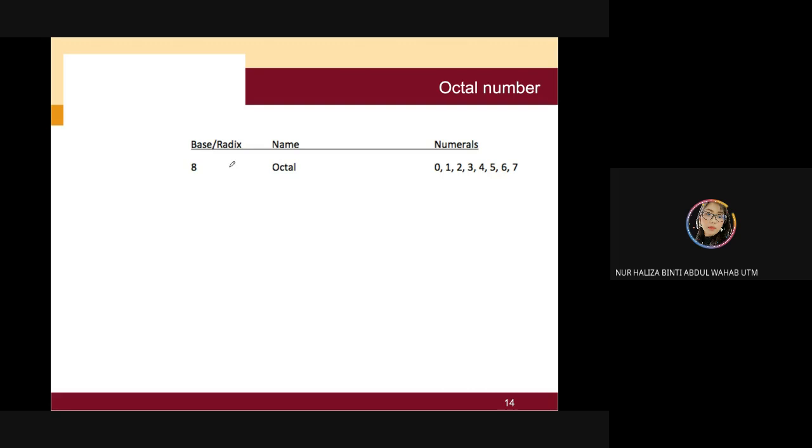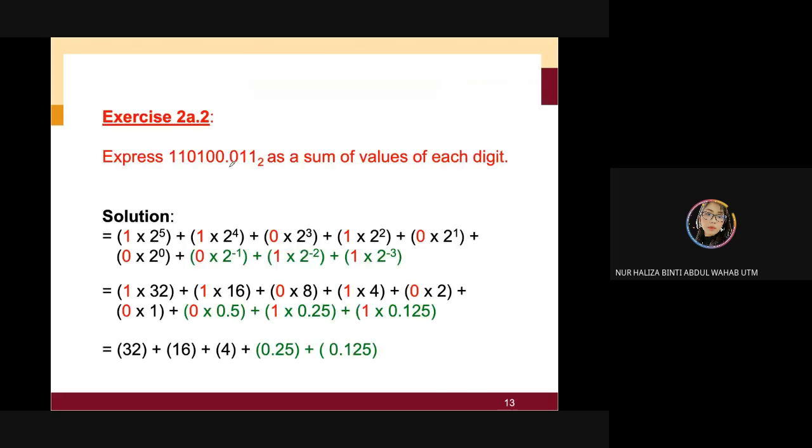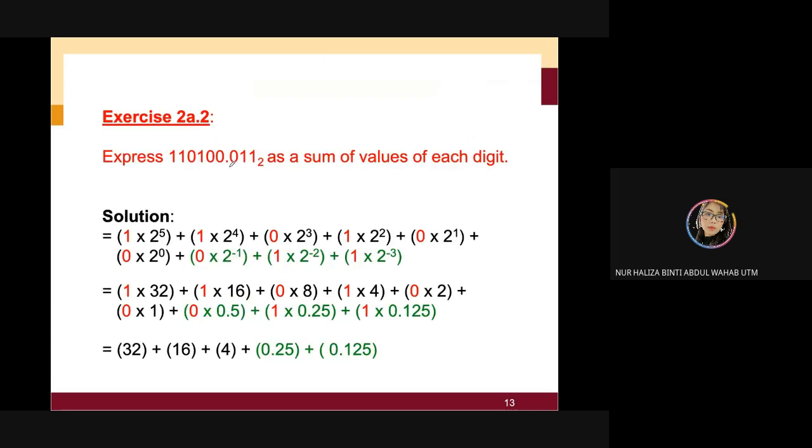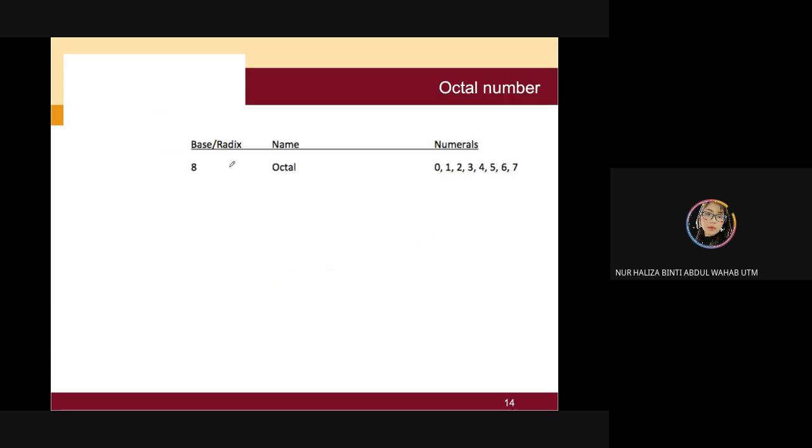Okay, now after we have looked into binary, we can also look at octal. Before I go deeper, our decimal is base 10. In base 10 we have 10 digits of representation, which start with 0, 1, 2, 3, 4, 5, 6, 7, 8, 9. All together that is 10 digits because it's base 10.